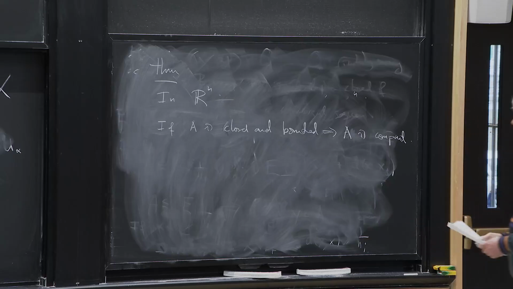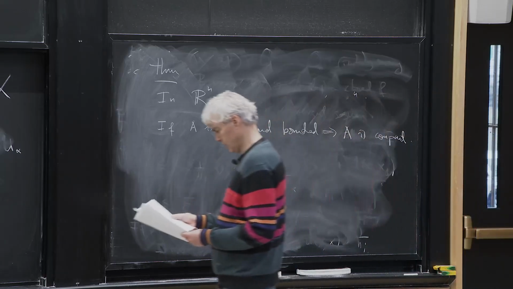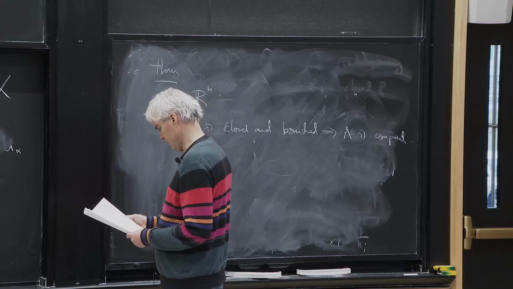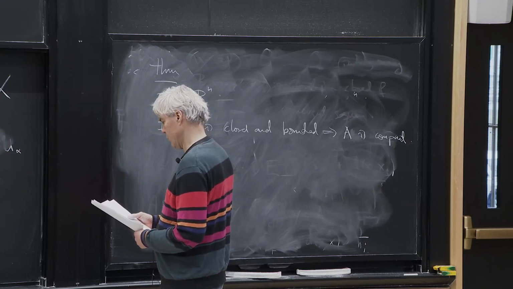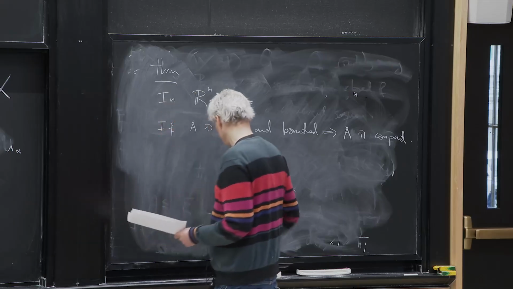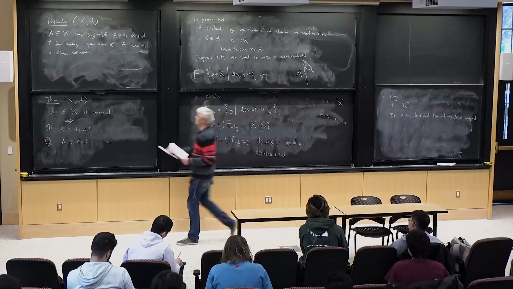Okay. I wanted to talk about an example, but I don't think I have enough time to actually talk about that. Let's return to this next time because we only have 4 minutes left.